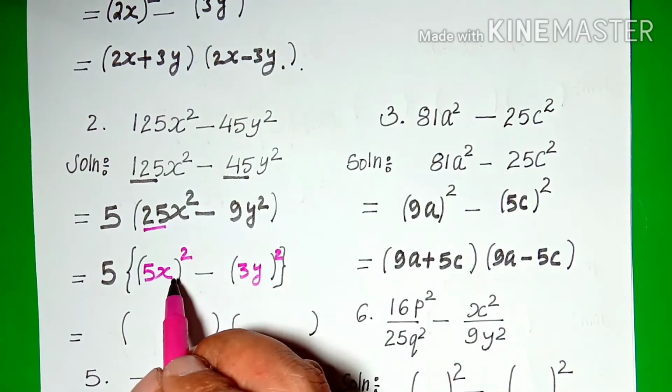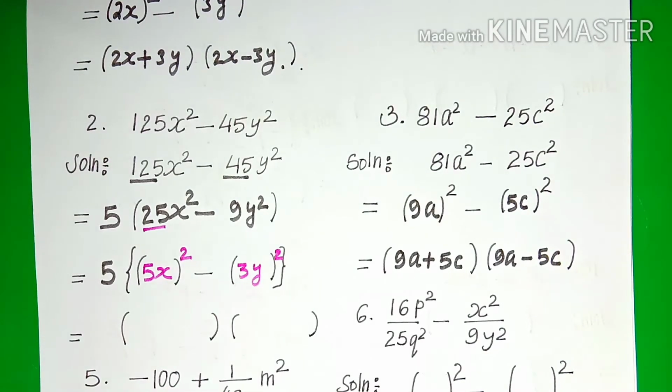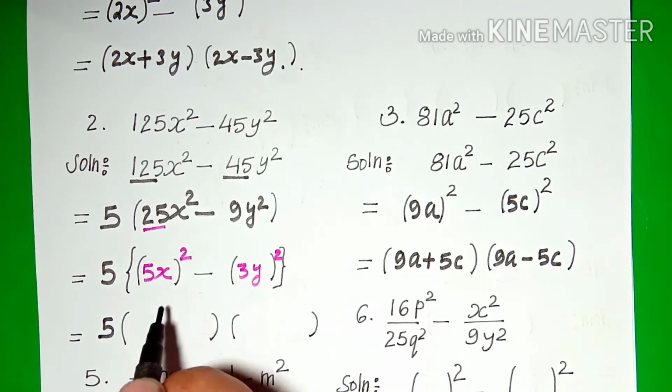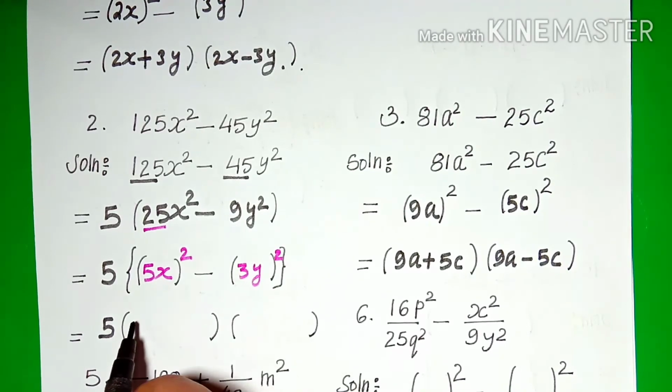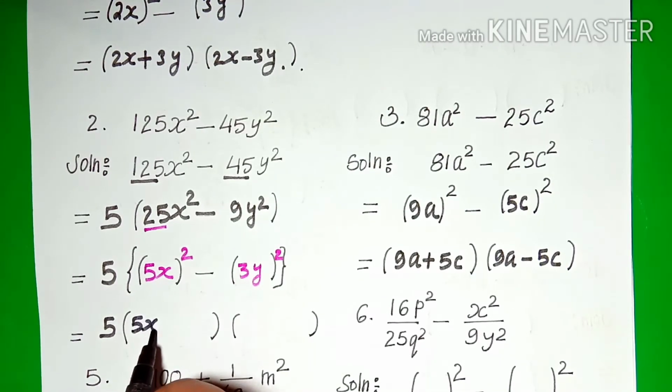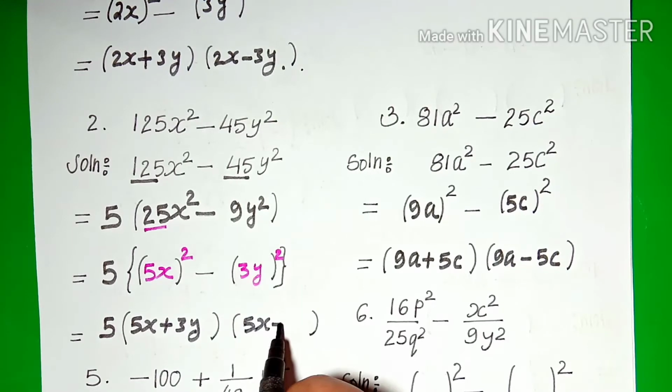Taking the help of identities, a² − b² is (a + b)(a − b). Now this 5 you'll have to drop the same value here. Taking a as 5x and b as 3y, we get 5(5x + 3y)(5x − 3y).